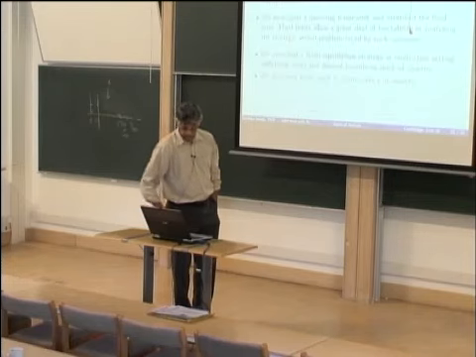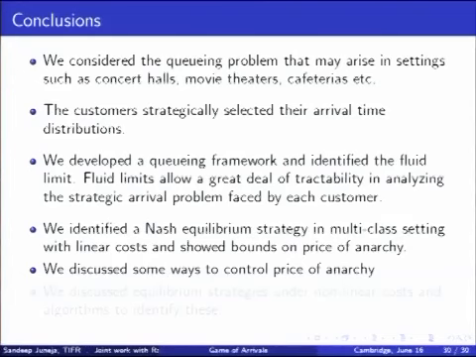In conclusion, we considered a queuing model which occurs in a variety of settings. The customers strategically select their arrival time distributions. We looked at this in a fluid setting, and in the fluid setting we got far greater tractability. In particular, one could come up with a strategic arrival profile in that setting, even in the multi-class customer setting.